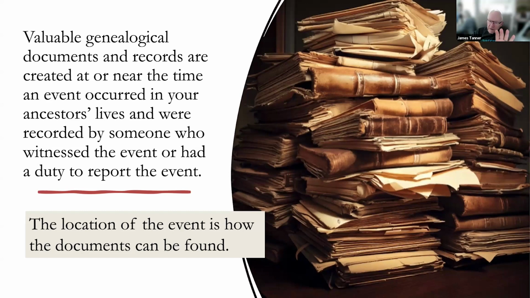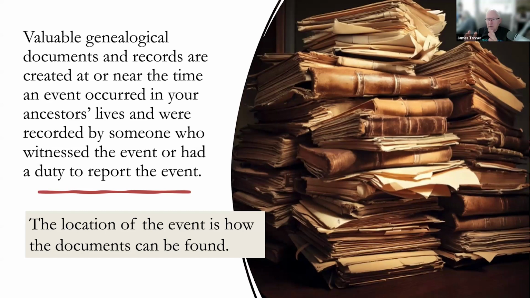Now, records move, they go around, they get put places else. But when they do, generally speaking, when we're talking about genealogical records, these records are nearly always organized in some geographic fashion.